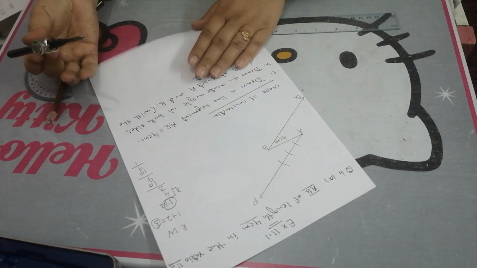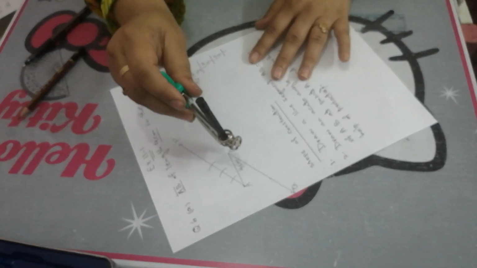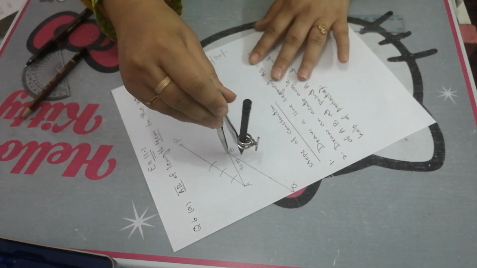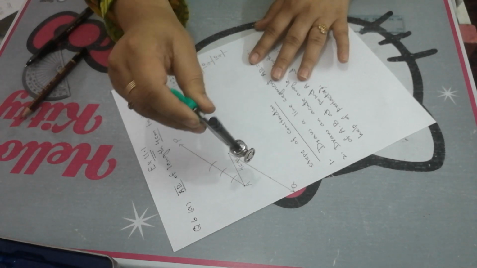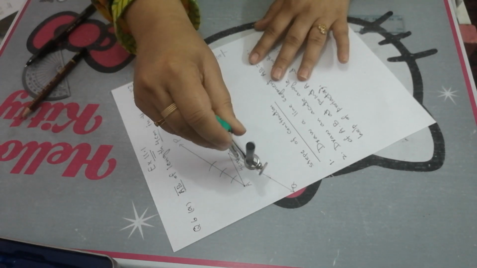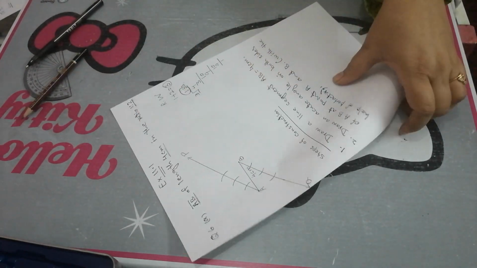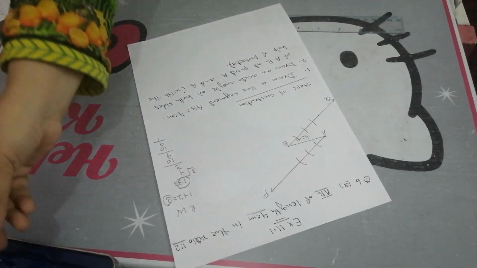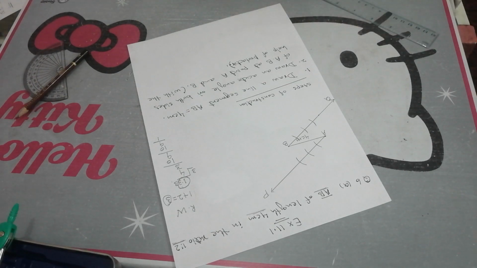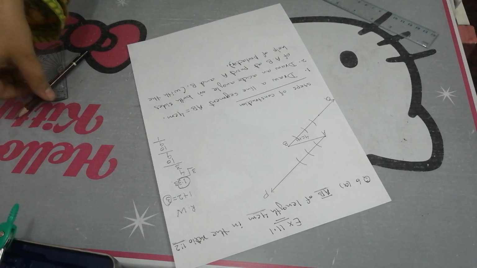Similarly, we repeat the same step on the other side. So what do we write in the steps of construction? In the steps of construction, I'll also give them names.